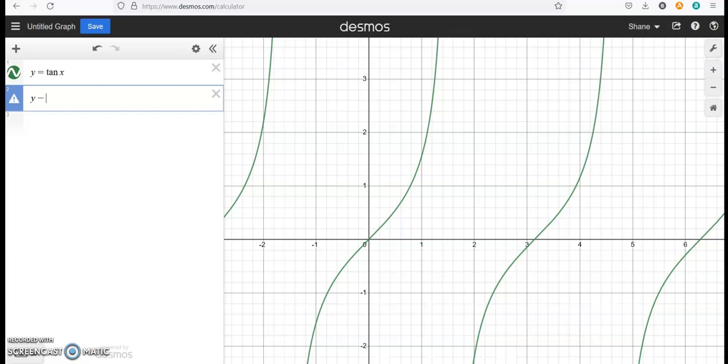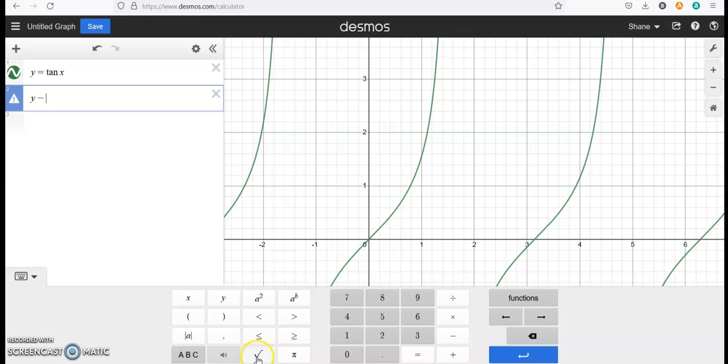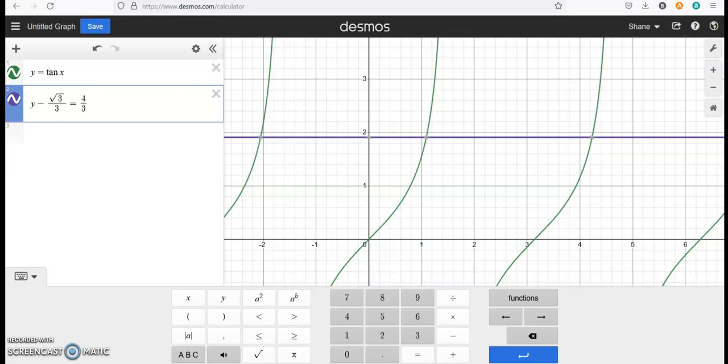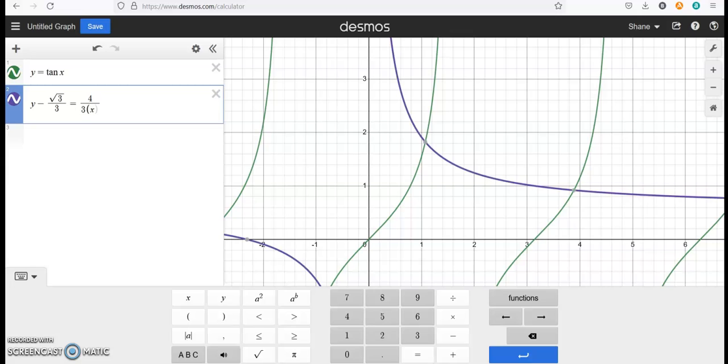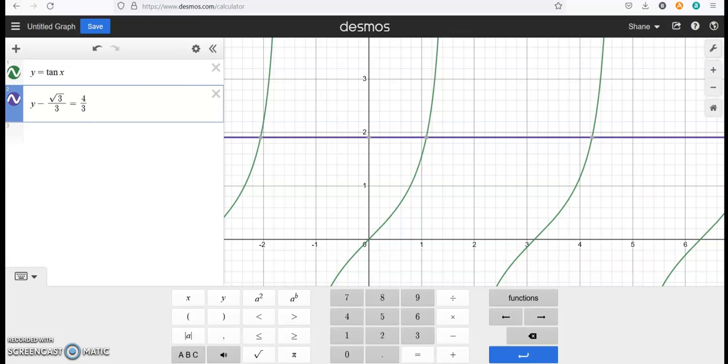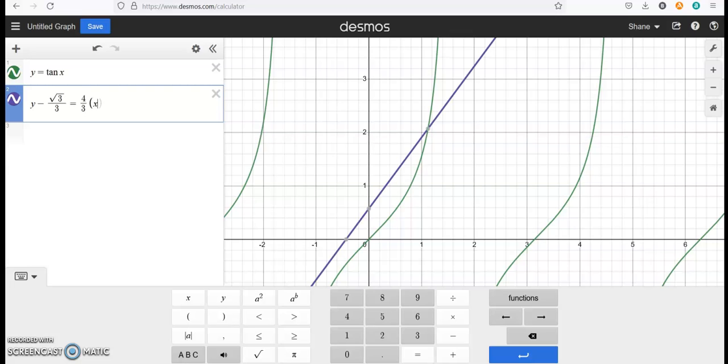So if I go ahead and type in the tangent line, y minus square root of 3 over 3 is equal to 4/3 times the quantity x minus pi over 6.